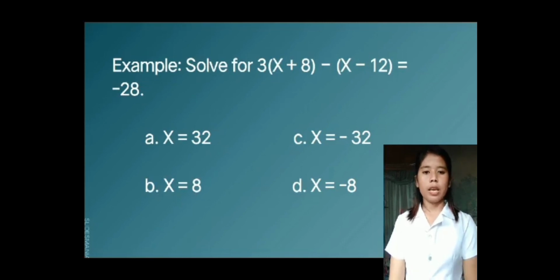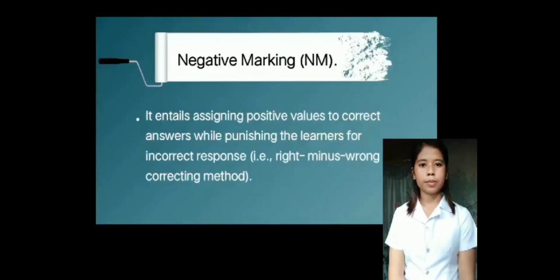The choices are A, x is equal to 32; B, x is equal to 8; C, x is equal to -32; and D, x is -8. So the correct answer in this item is letter C, x is equal to -32. Aside from letter C, all the answers are wrong. So the equivalent score of this is 0.